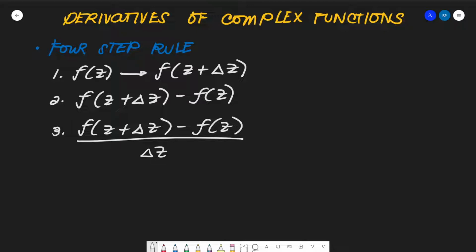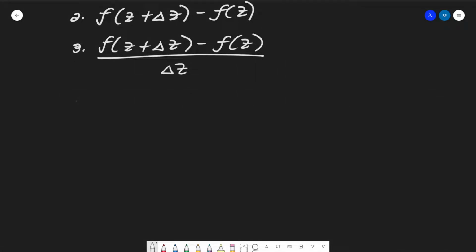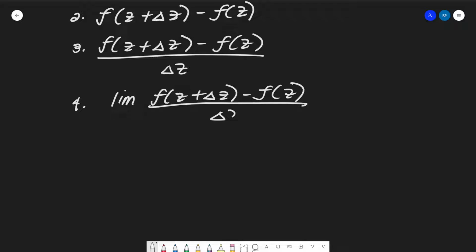And the last step, we take the limit of the resulting expression, the limit of f of z plus delta z minus f of z over delta z as delta z approaches 0.